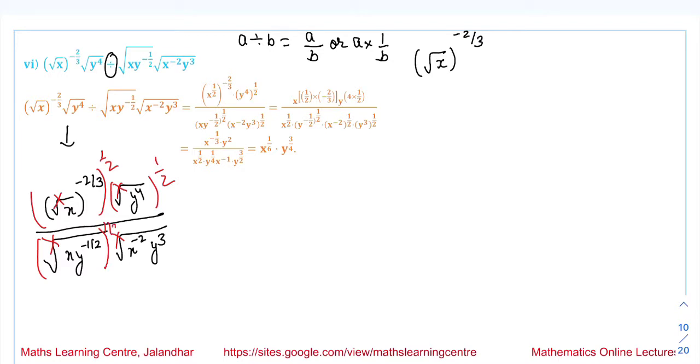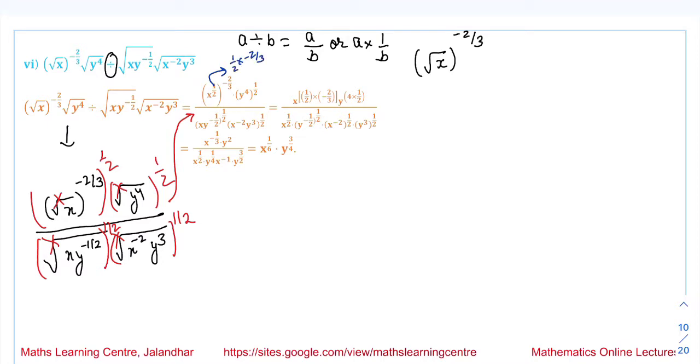We are having the powers 1 by 2, and the answer will come in this form, that it is x raised to the power 1 by 2 whole raised to the power minus 2 by 3. Then it is y raised to the power 4 raised to the power 1 by 2. Similarly in the denominator. So in the first term it is 1 by 2 into minus 2 by 3.